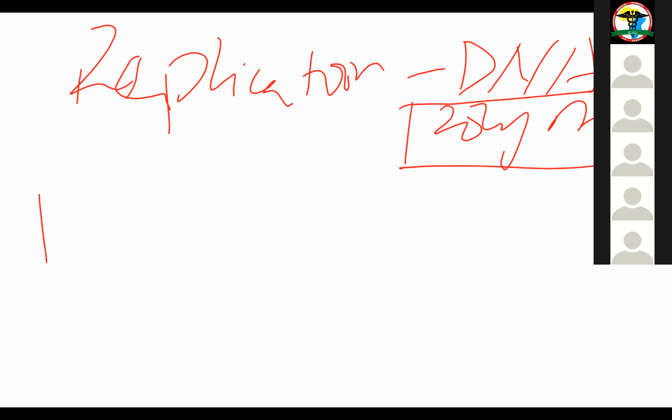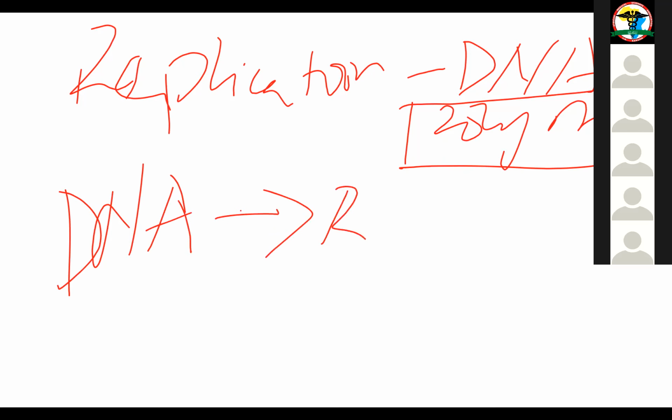The making of RNA from DNA: you have DNA, and the DNA is your template. You've made the new DNA, and from the DNA you want to make RNA. This process is called transcription.